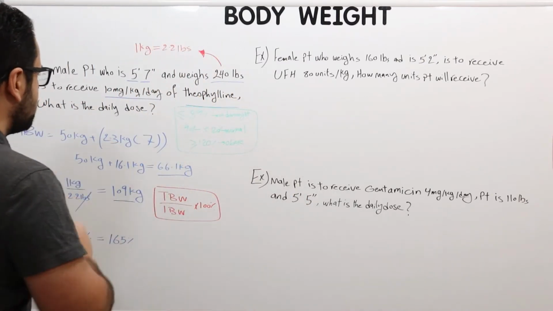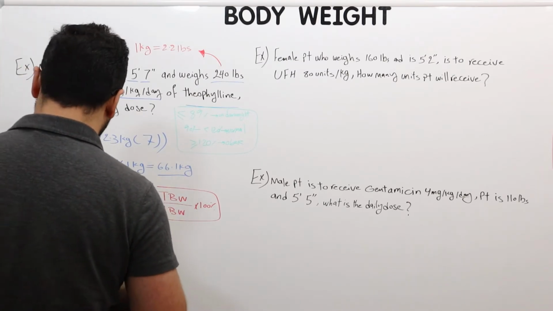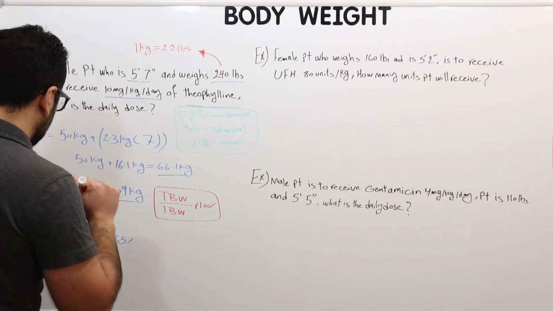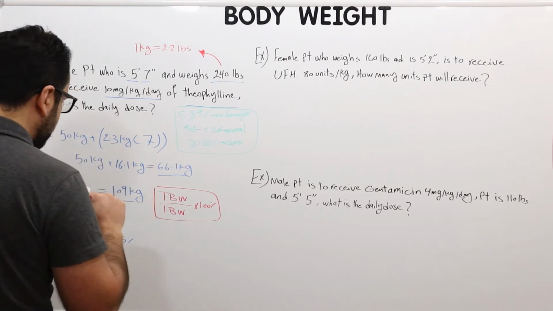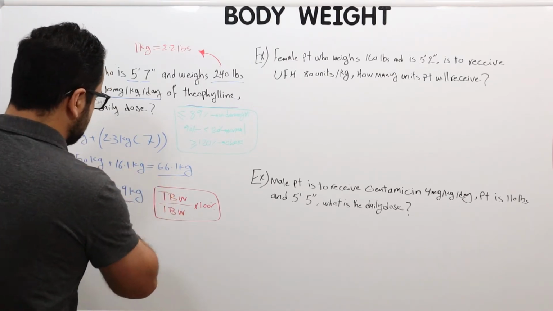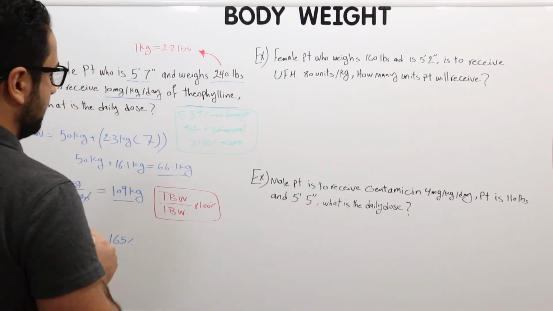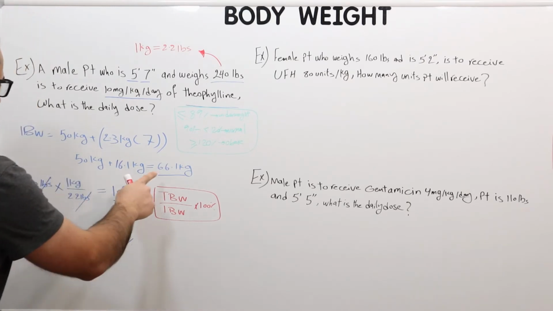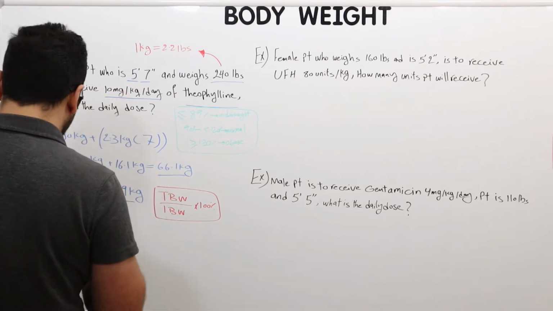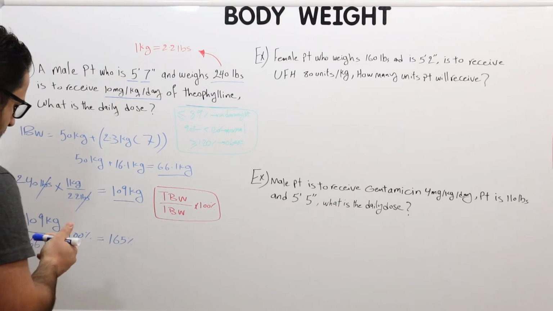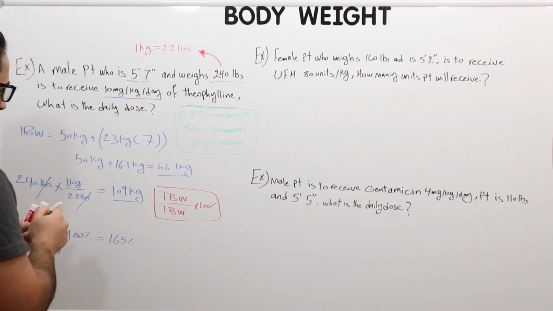So in this case, we're going to end up using ideal body weight. So what is the ideal body weight? Ideal body weight in this case is 66.1 kilogram. So let's multiply this by the daily dosage over here, let me use a different color.